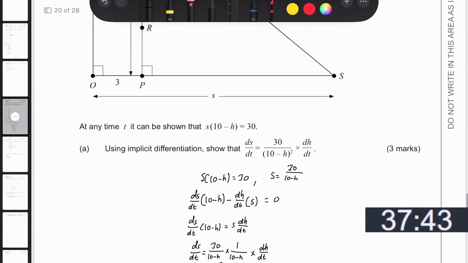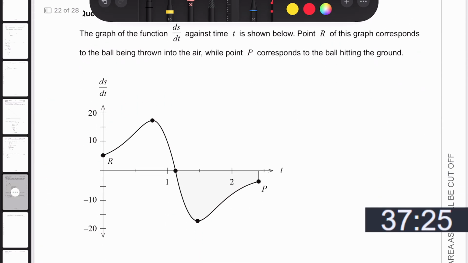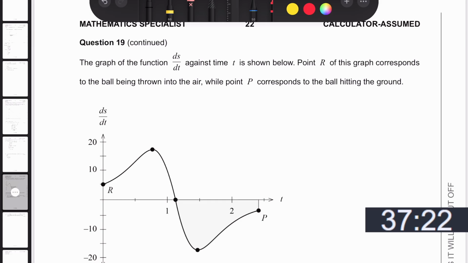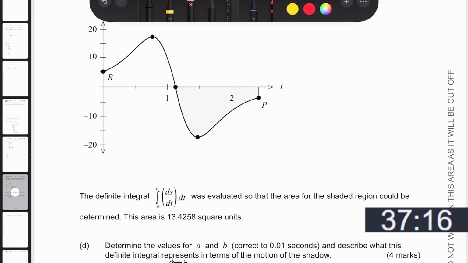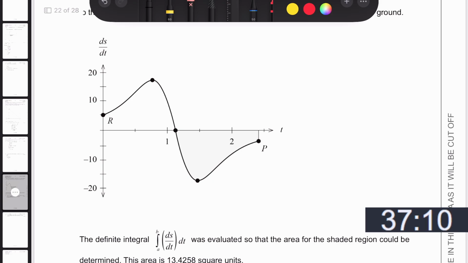The ds/dt, we go off that though. B corresponds to the area. Oh wait, the area of the shaded region is determined.